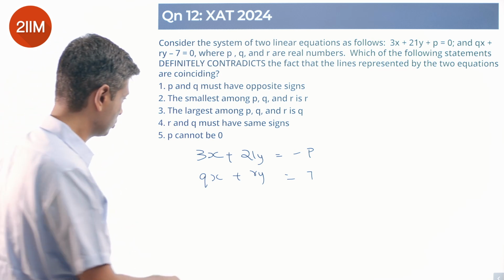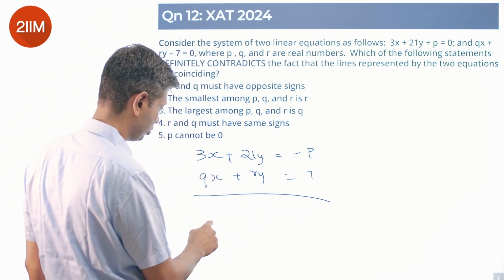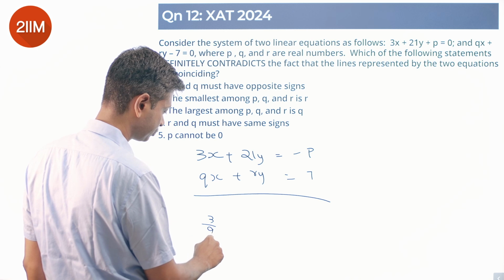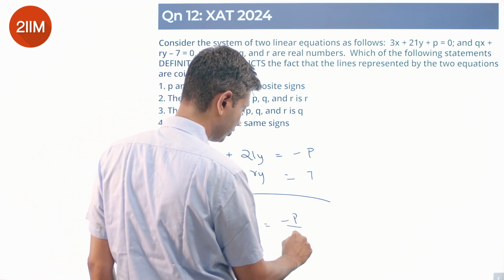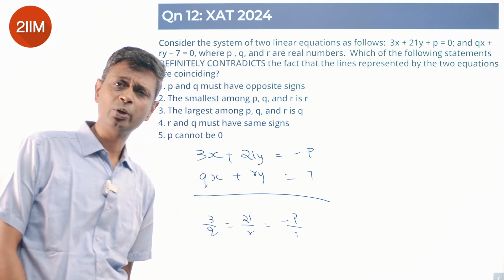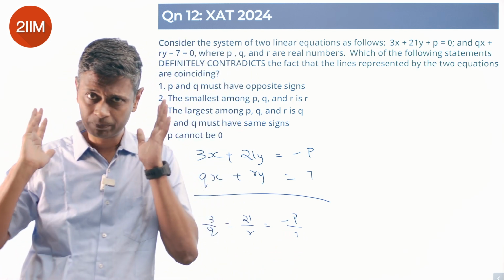Suppose these two lines coincided, then we should be able to say 3 by q equal to 21 by r equal to minus p by 7. A1 by A2 equal to B1 by B2 equal to C1 by C2. Only then they'll coincide. Right?